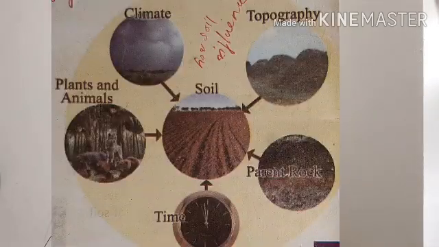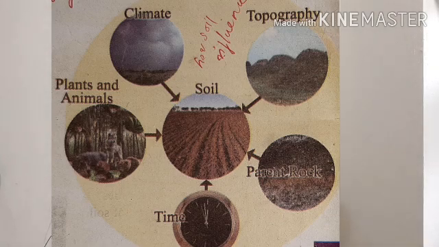These are the factors influencing the formation of soil. First factor is climate. Then topography, parent rock, time, plants and animals.